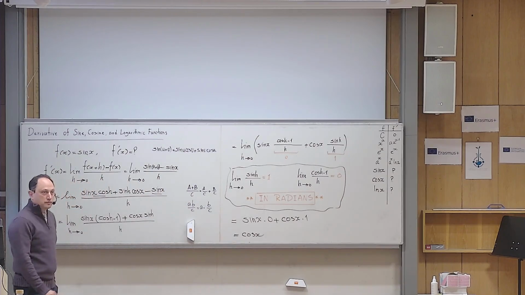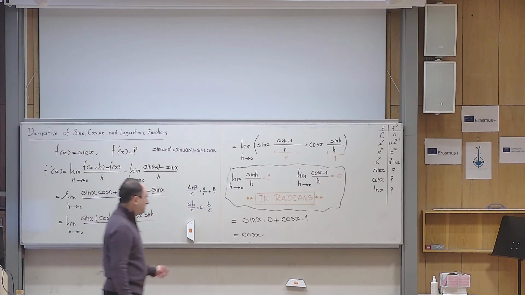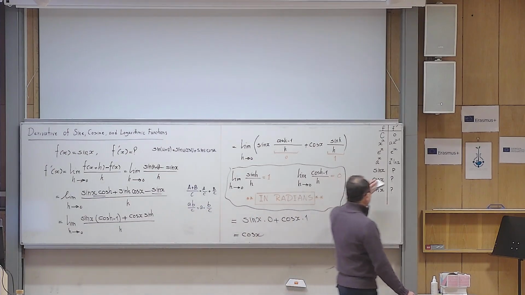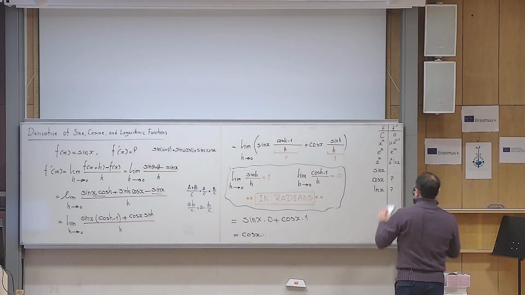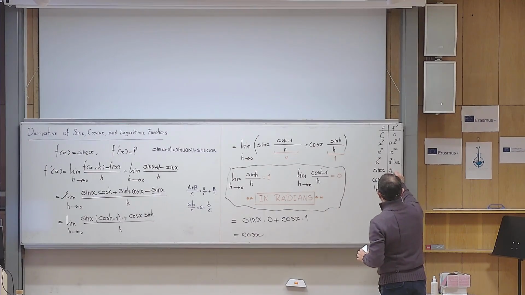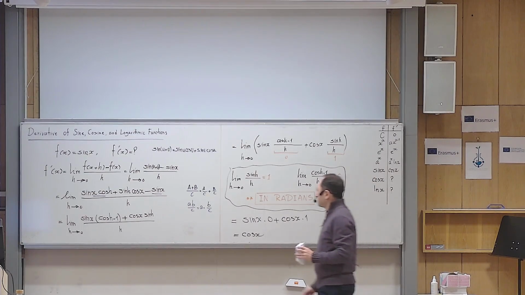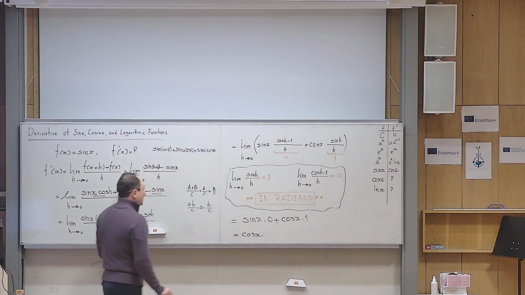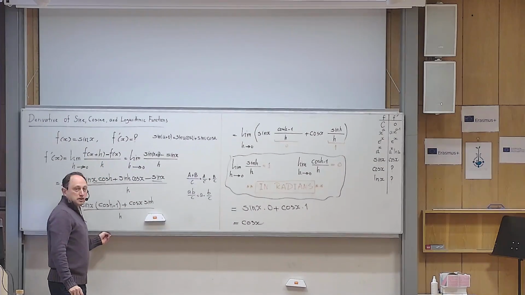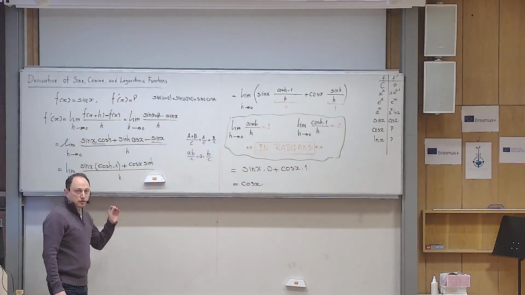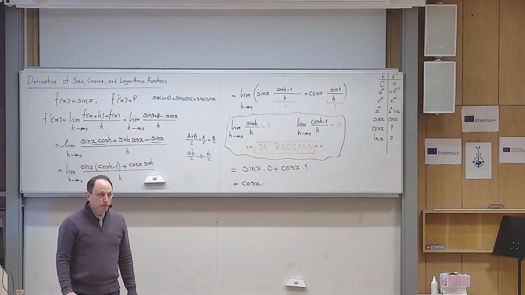Okay, that is your beautiful formula. So the derivative of sine is just cosine. So we clean up this question mark and we write cosine x here. Okay? Yes, is that understandable? So the derivative of sine x is simply cosine x.